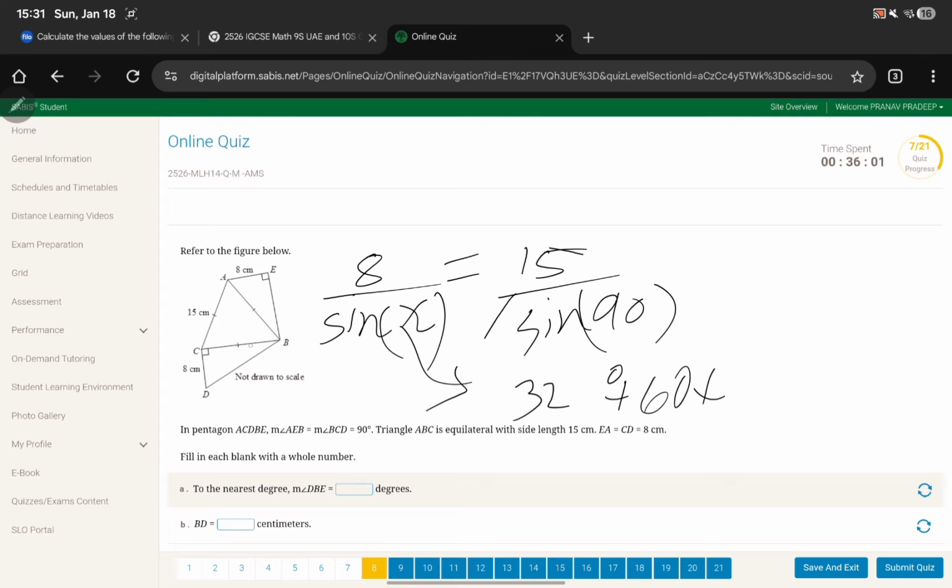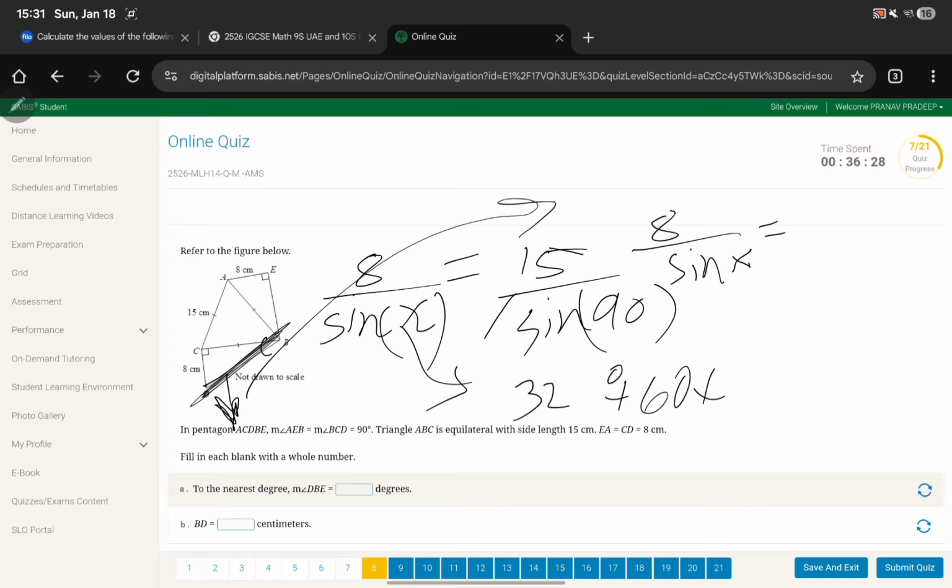Now here, what's this? Here, it's 8 over sine x equals, you have to find this first.